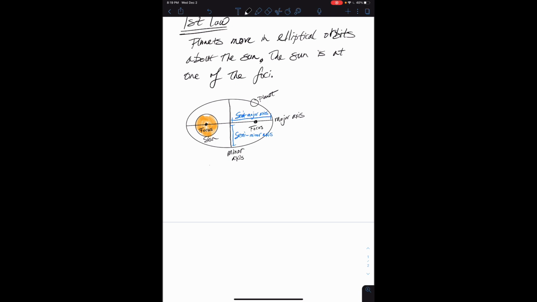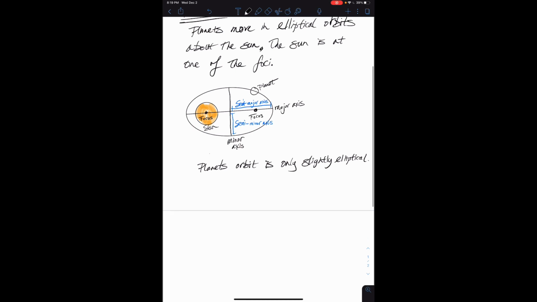One thing I want to mention before we move on to the second law is that the orbits are only slightly elliptical. The reason I bring this up is because sometimes we like to approximate, and we assume the orbit is circular.